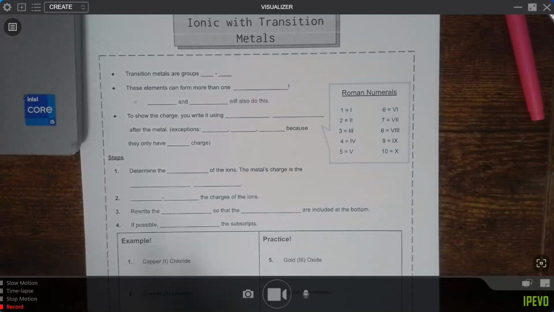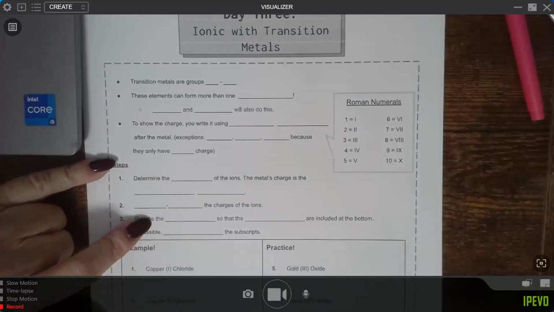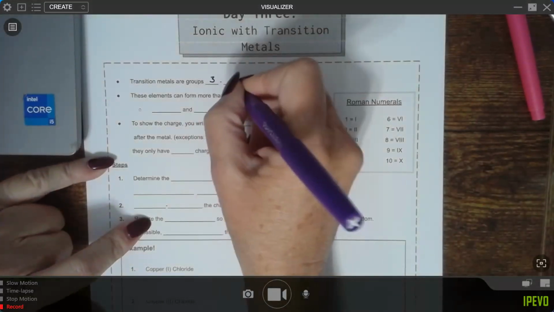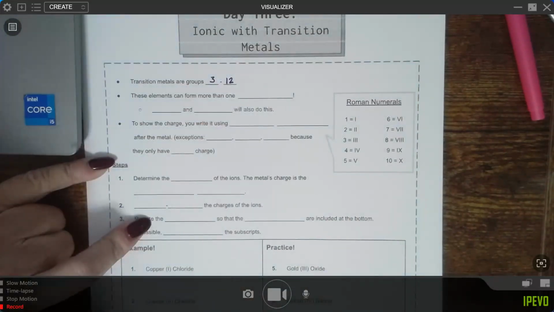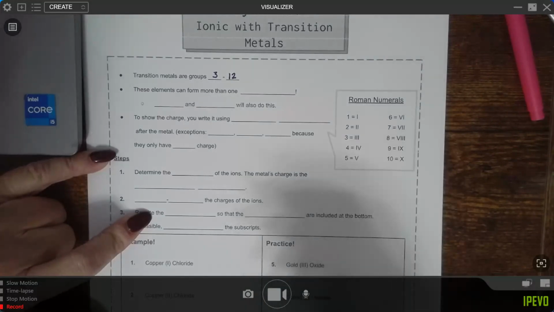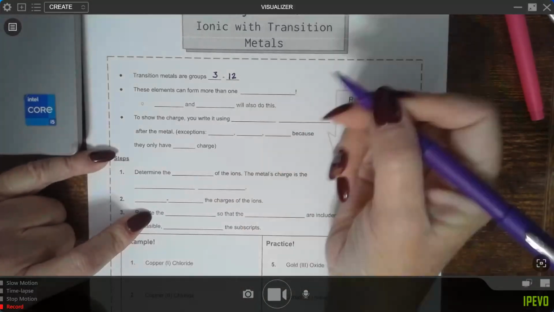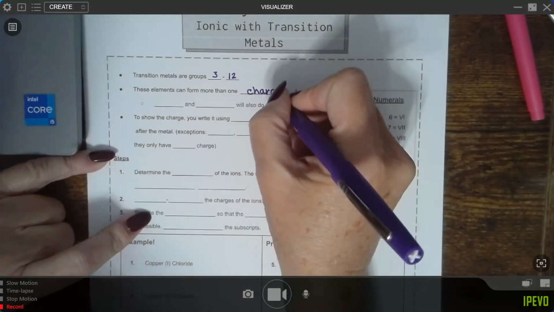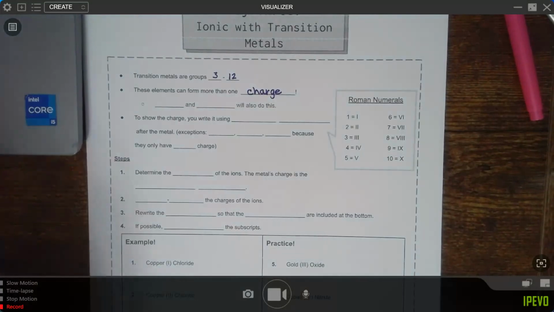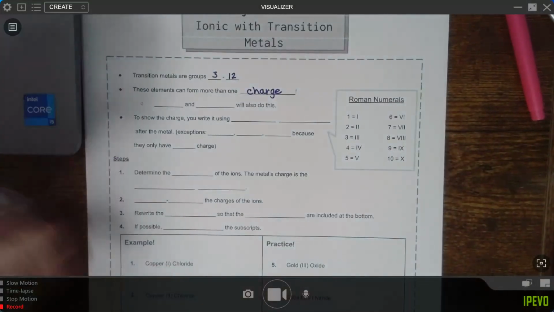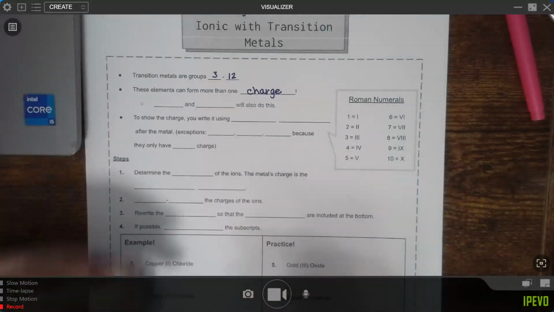Let's see what we know already. Transition metals are in groups 3 through 12 on your periodic table. These elements can form ions with more than one charge. That's what makes them special. Tin and lead also do this.